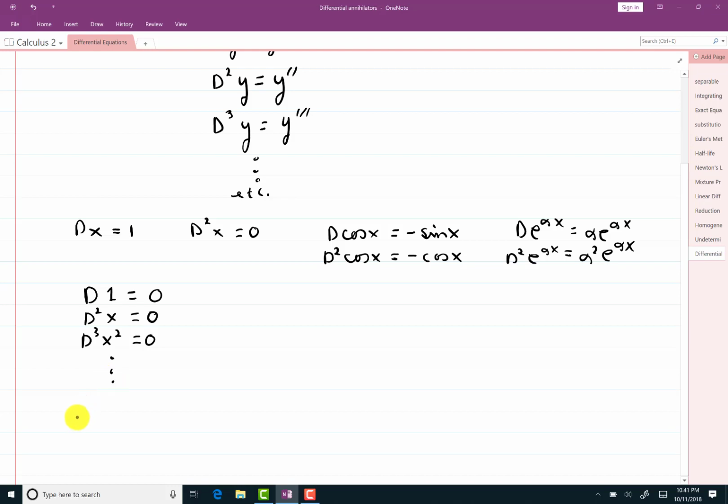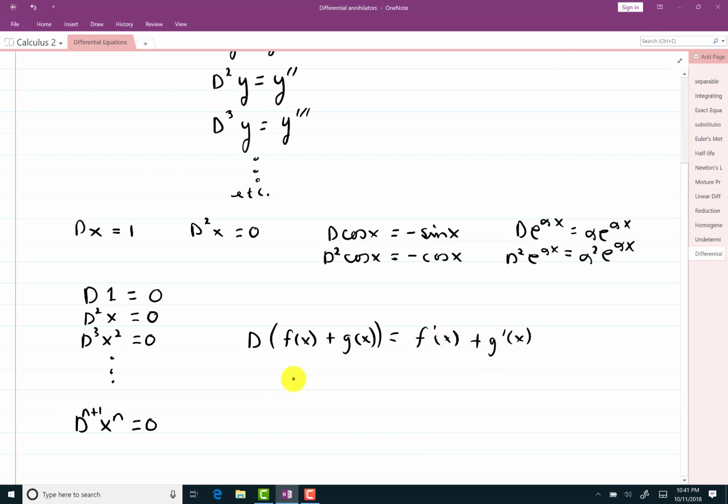If I wanted to get rid of x to the n, then I would take its derivative n plus 1 times. So that's a way of wiping those things out. Some other good things about this too, if I have this operator and I'm using it to work on f of x plus g of x, well, it's just like taking a derivative, so it does equal f prime of x plus g prime of x.